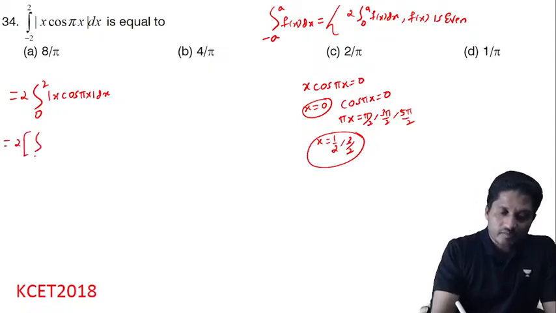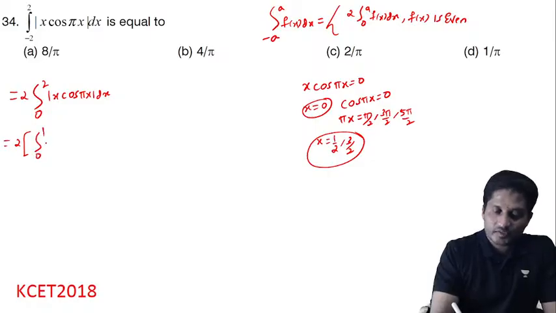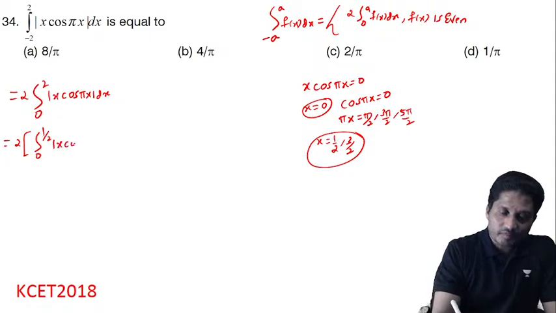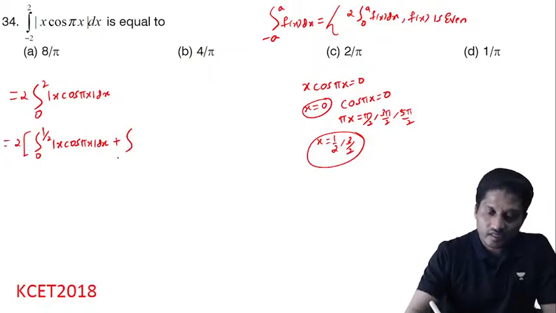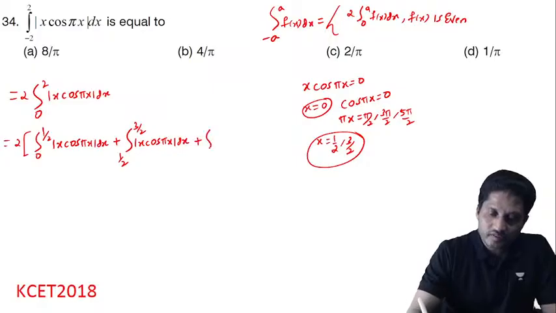Equal to 2 times, 0 to 2 can be written as 0 to half, then half to 3 by 2, and then 3 by 2 to 2, modulus of x into cos pi x dx.